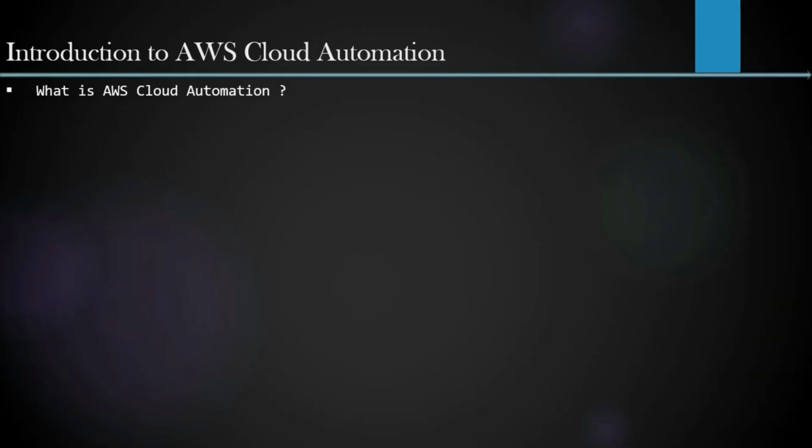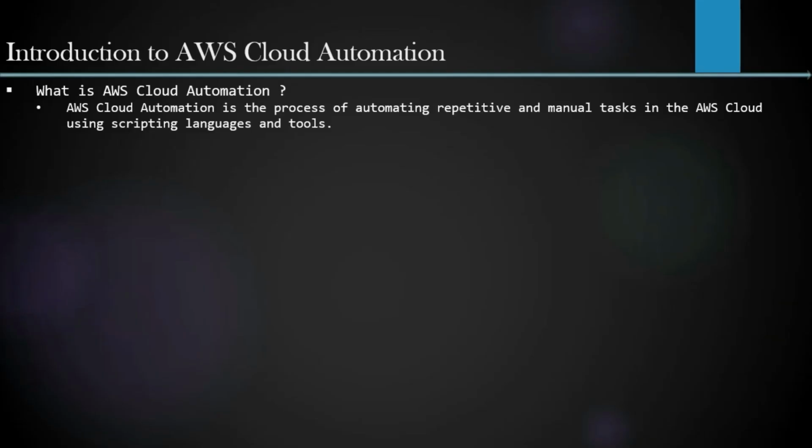So basically, what is meant by AWS Cloud Automation? Simply, AWS Cloud Automation is the process of automating repetitive and manual tasks in the AWS cloud using scripting languages and tools.